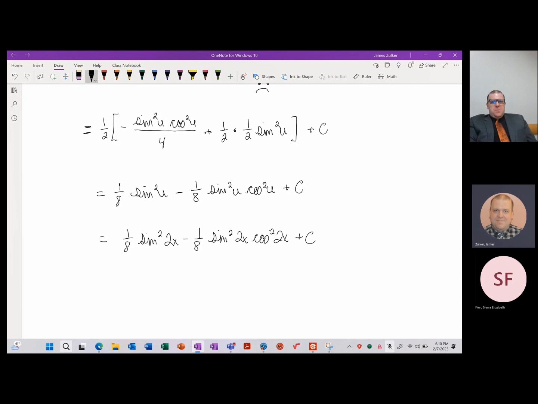You'd probably use the Pythagorean identity to get the cosine into sine, and then you simplify. Right, cosine squared is what? 1 minus sine squared. That will work. There's an easier way.